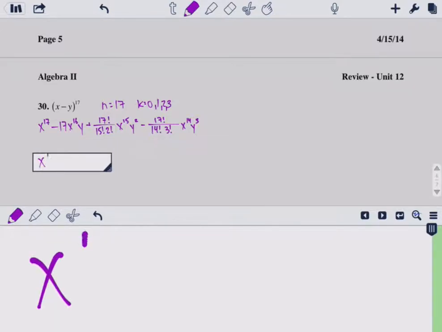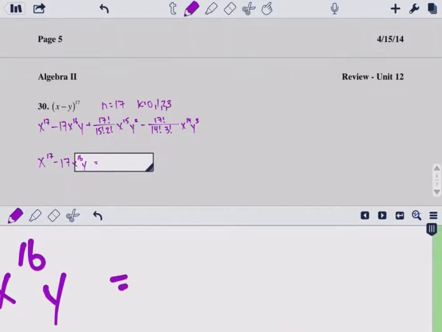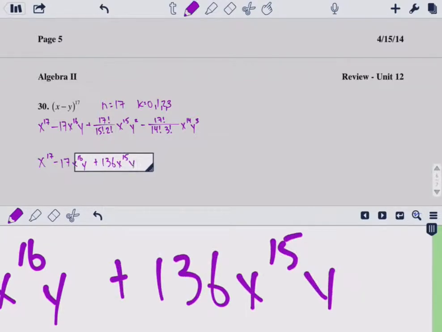So I just have two things I have to evaluate. And this one, 17 times 16 divided by 2, so that is 8 times 17. So I get 136 x to the 15th y squared.